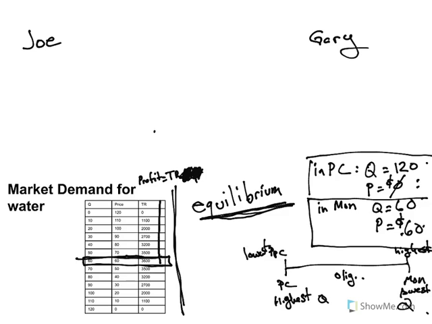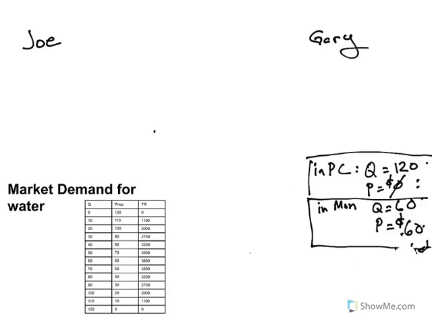Equilibrium means that there's no incentive to change. So eventually we're going to come to a price and quantity where Joe and Gary figure out that there's no sense in competing anymore. I can't possibly do any better. If I deviate from this, I will make myself worse off. And that's going to be the basis of our game theory in a later lesson. So let's see what that outcome will be.